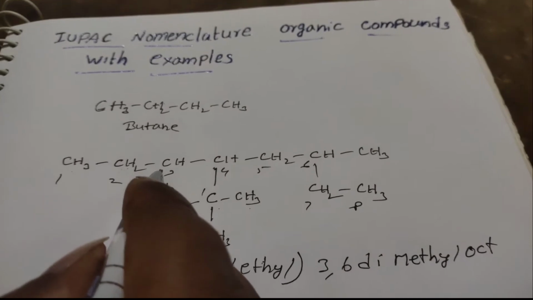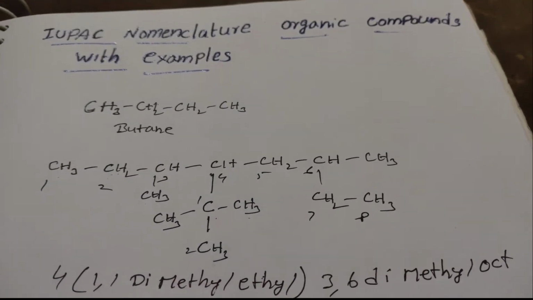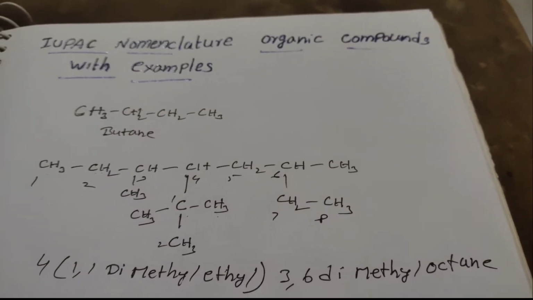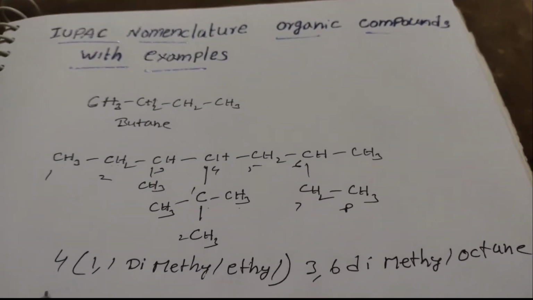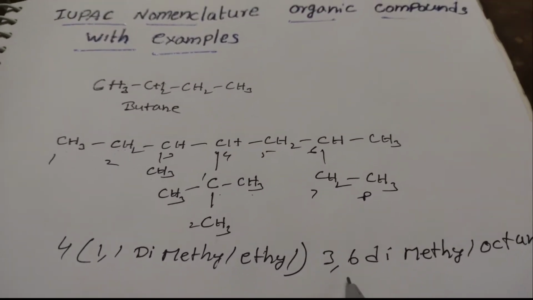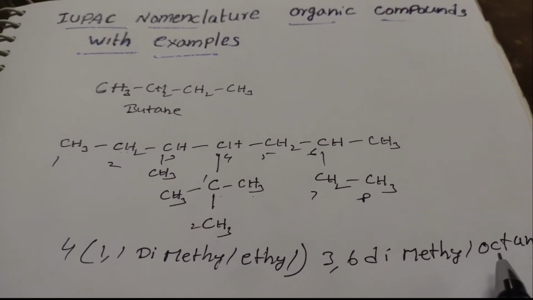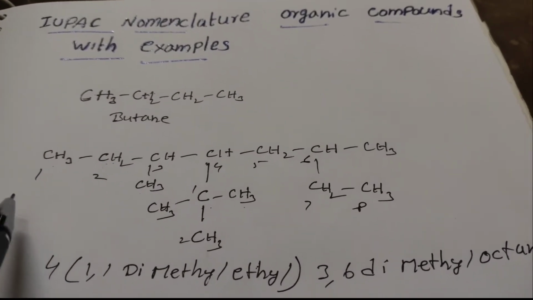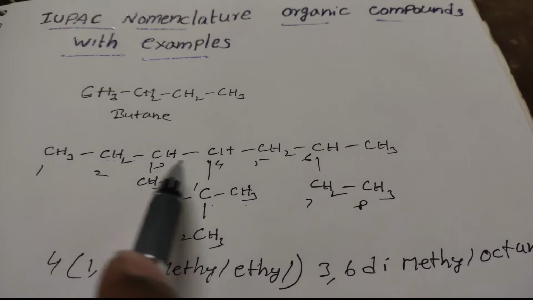Between the carbons there are only single bonds, so the name is ane. So the name of the compound is 4-(1,1-dimethylethyl)-3,6-dimethyloctane. Students, whenever we give the nomenclature, giving the numbering is the top priority.